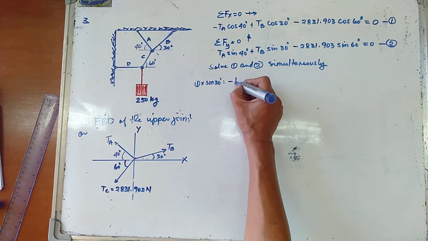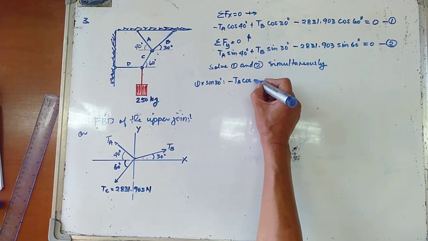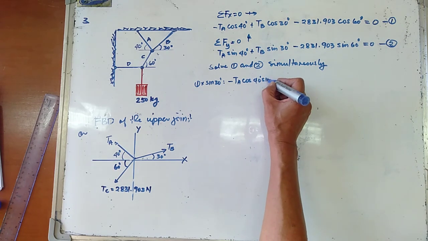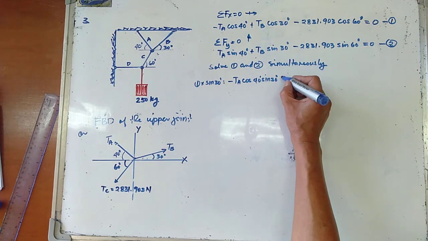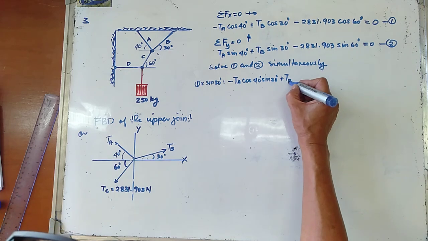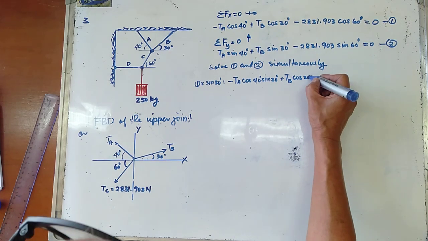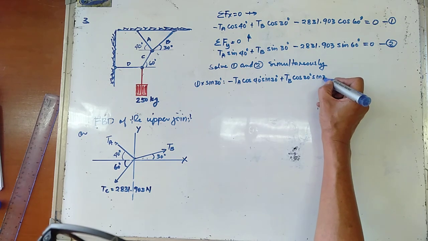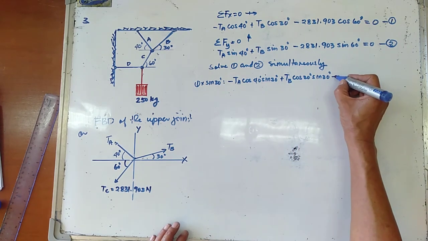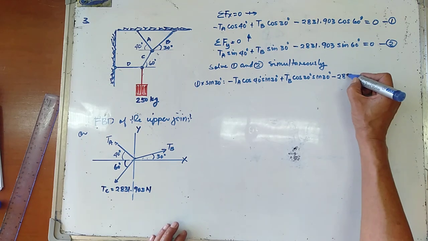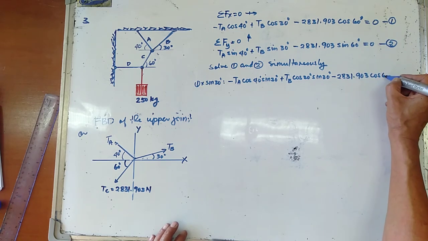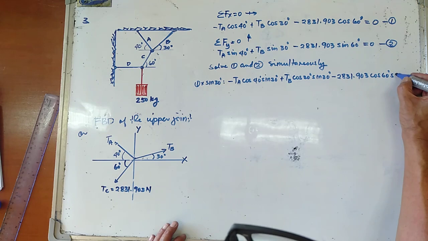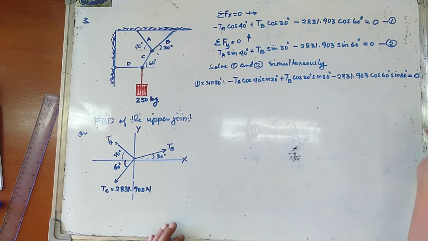So that is minus TA cosine of 40 degrees sine of 30 degrees plus TB cosine of 30 degrees sine of 30 degrees minus 2831.903 cosine of 60 degrees sine of 30 degrees is equal to 0.